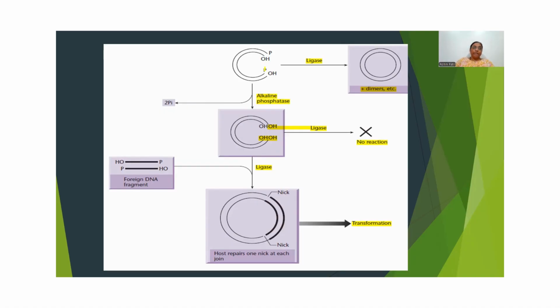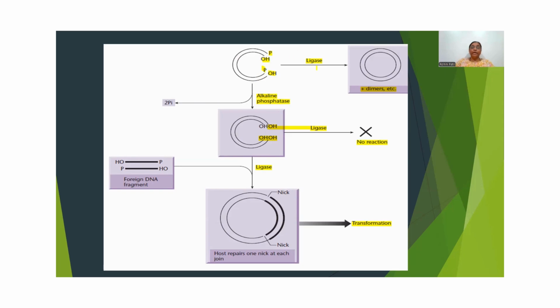This is a vector which has been digested with the restriction enzyme. When you observe here, there is a phosphate at the 5' end, and there is an OH at the 3' end.